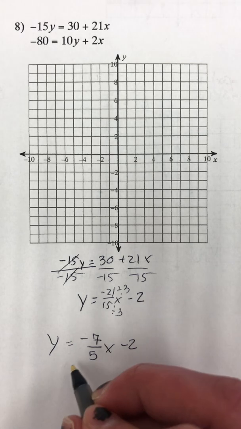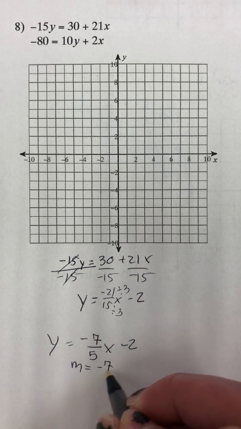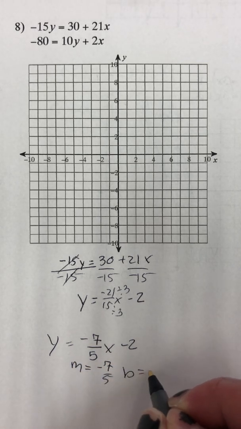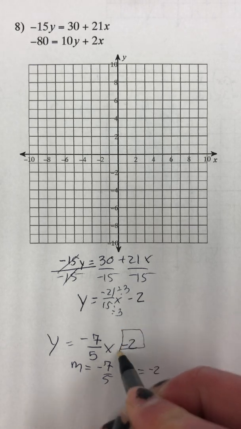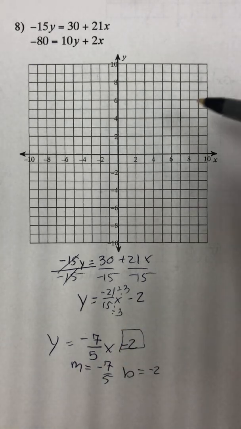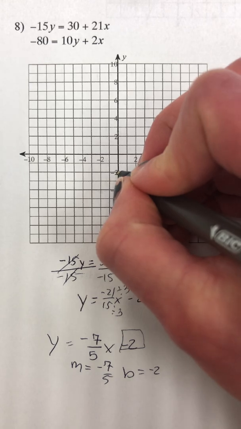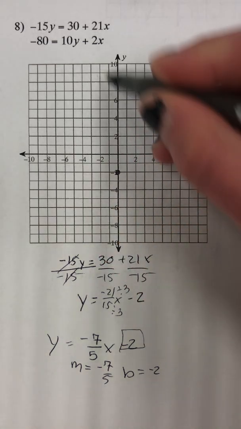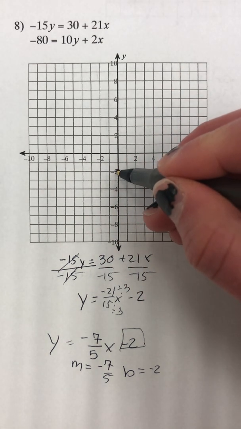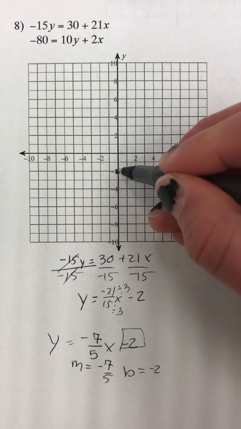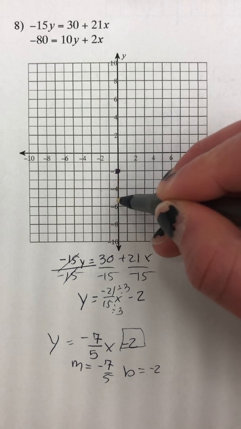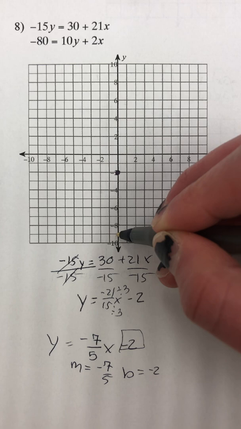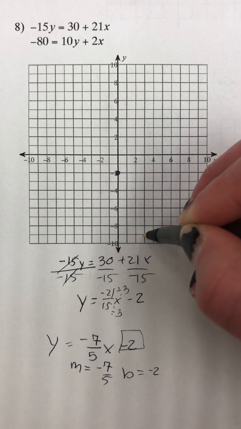We're going to start off with our slope, which is negative 7 fifths, and our y-intercept is negative 2. Remember, our y-intercept is the constant, or the number without a variable. We're going to start at negative 2 on the y-axis. That's our first point. Our slope is negative 7, so we're going to go down 7 and to the right 5.